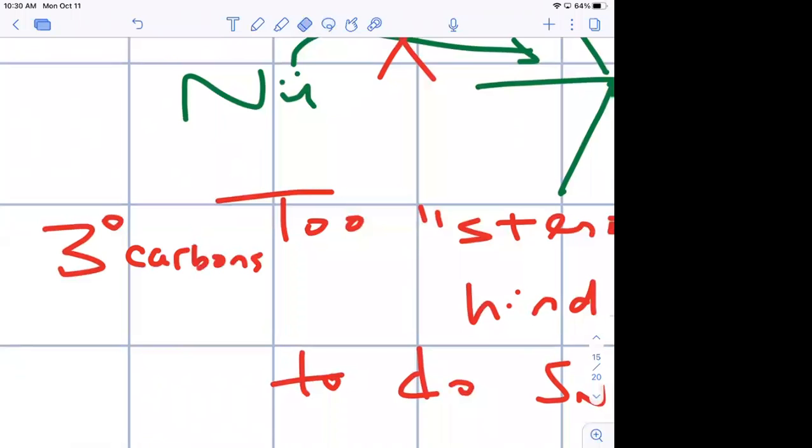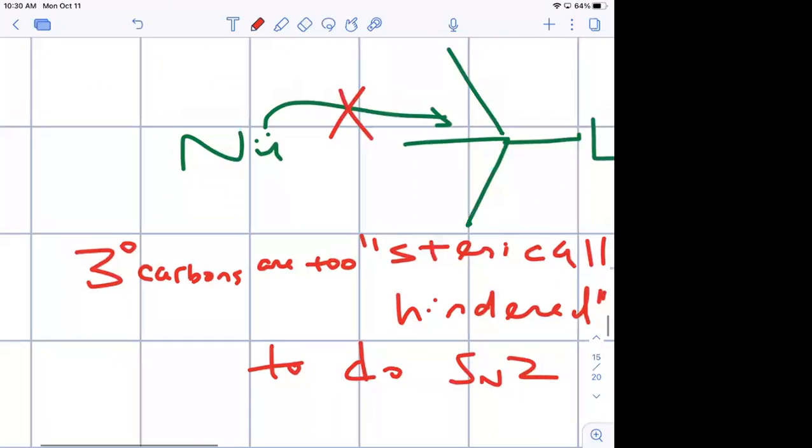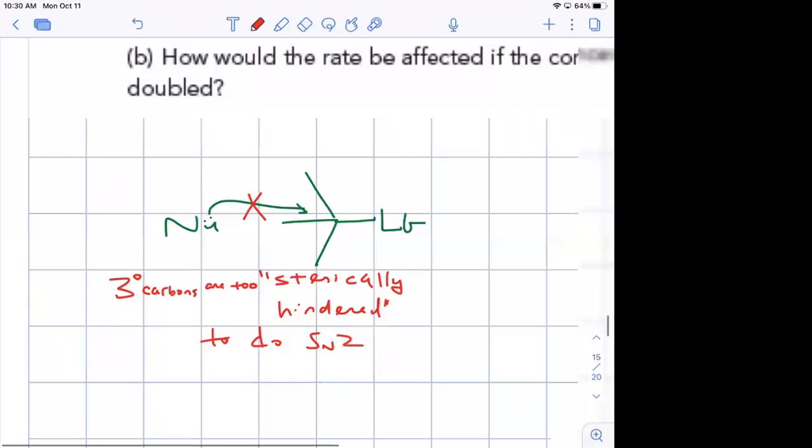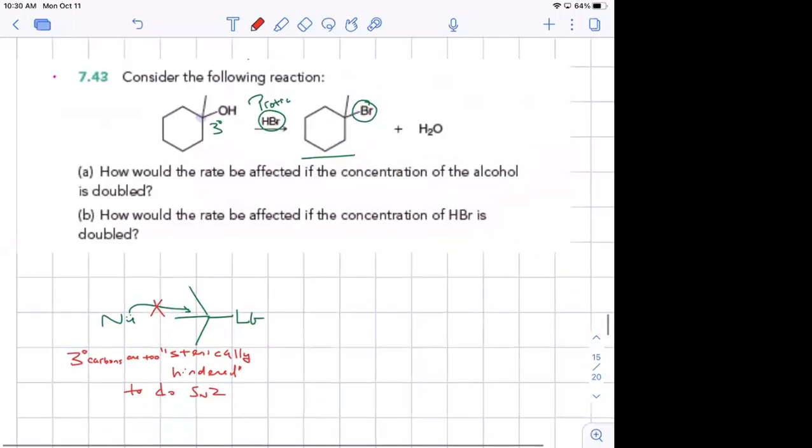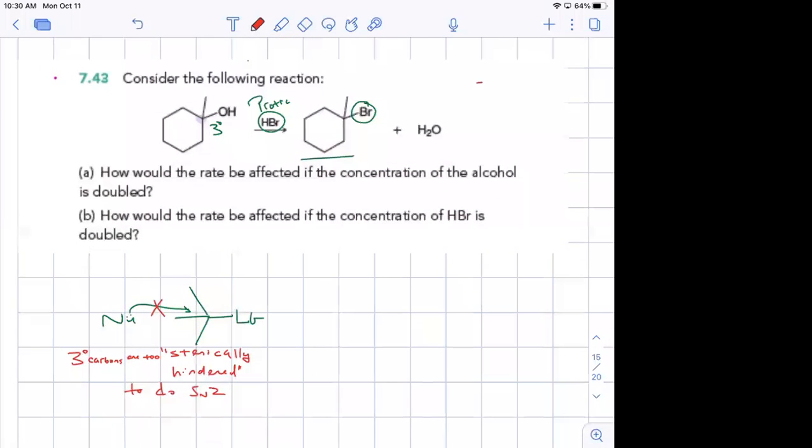So tertiary carbons are too sterically hindered to do SN2, so it can't be that. It has to be SN1. The backside of that carbon is too crowded for a nucleophile to attack. So why would the SN1 be more suitable?